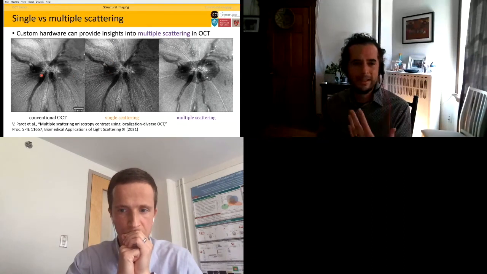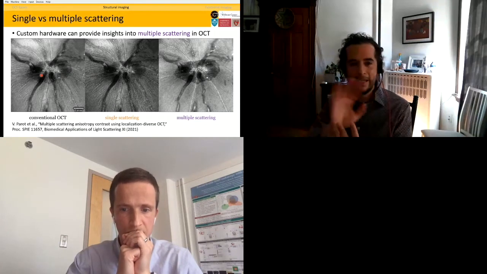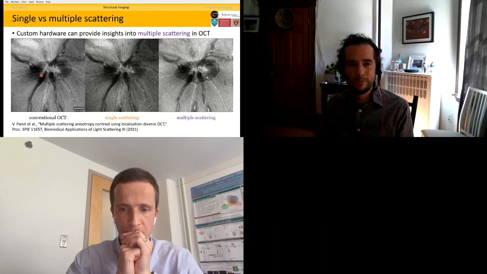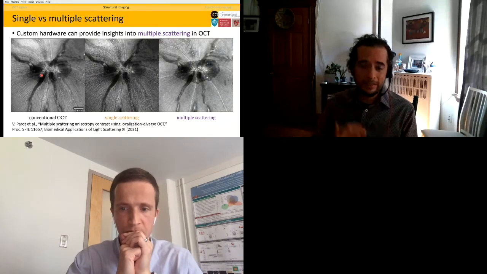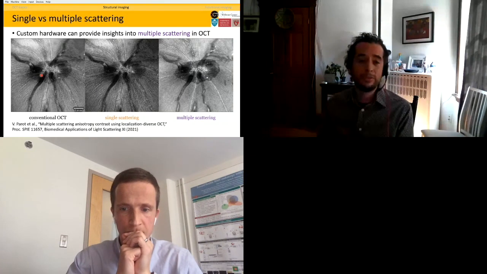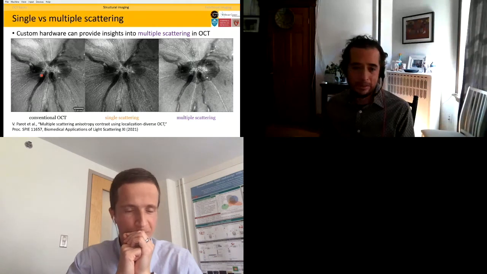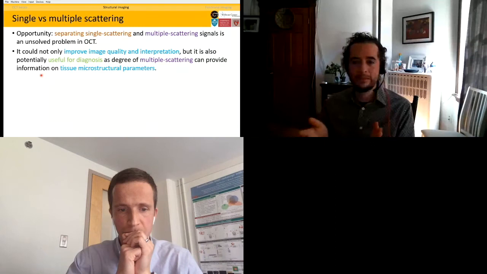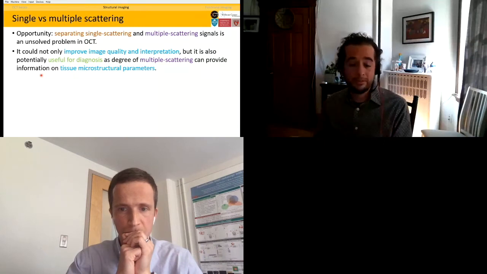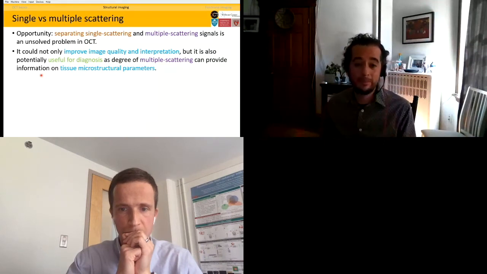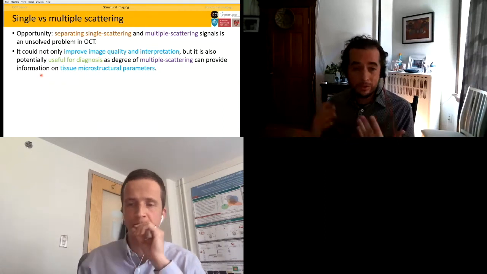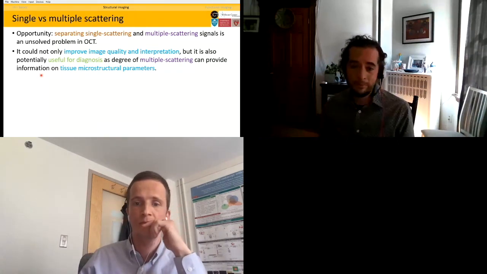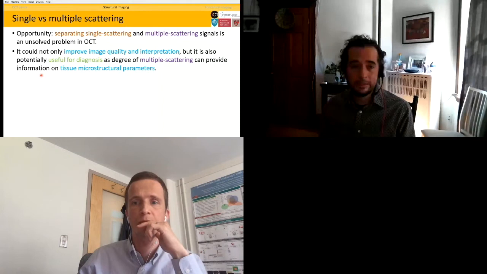And now we can actually start to see that the conventional OCT image had a kind of a haze that was actually produced by multiple scattering. Even at this layer, which is the most superficial layer that was imaged in this case. So separating single scattering from multiple scattering in conventional OCT systems would be huge to improve the interpretability of the OCT image.